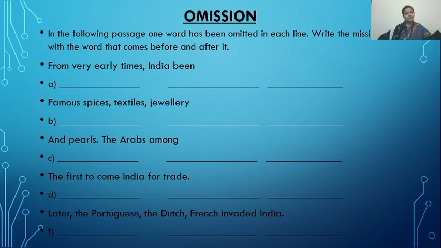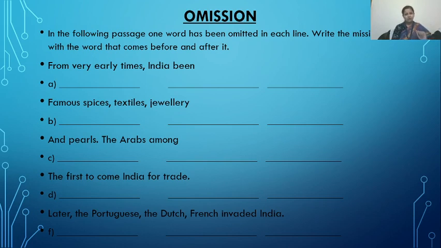So in this way, I am going to write three words here, in the sequence they appear in the sentence. Don't forget, children, in omission we have to write the word coming before the omitted word, and after. Both the words we have to mention.